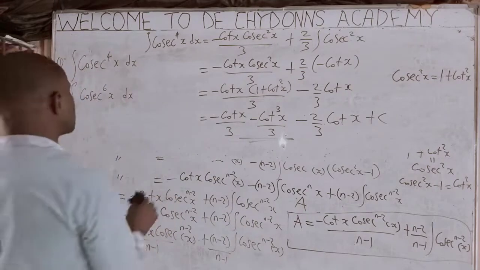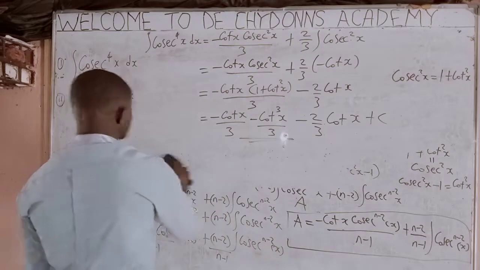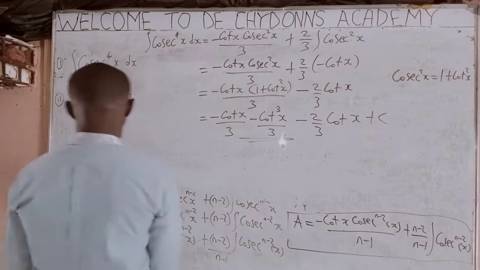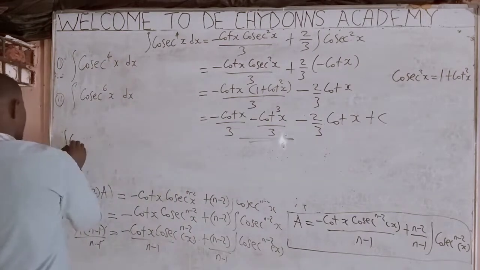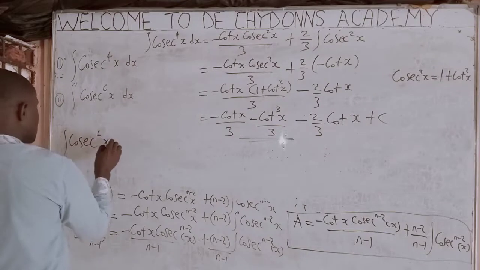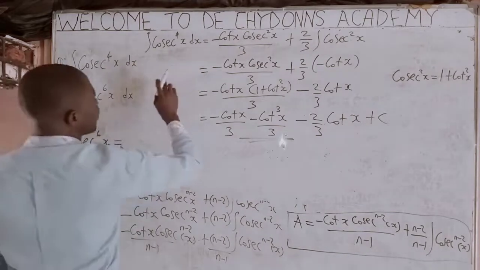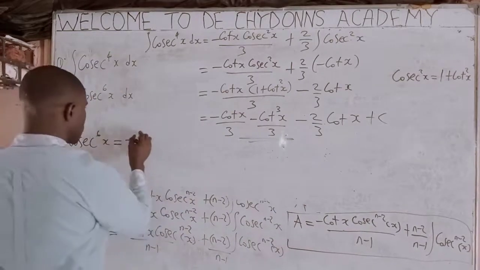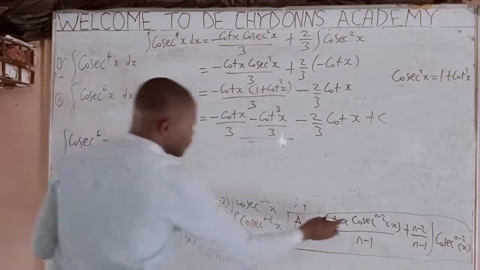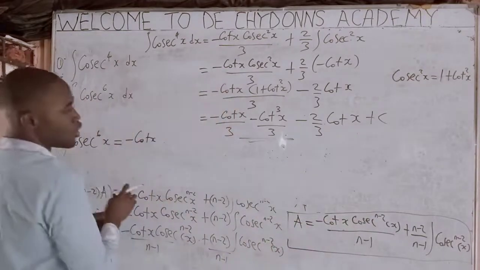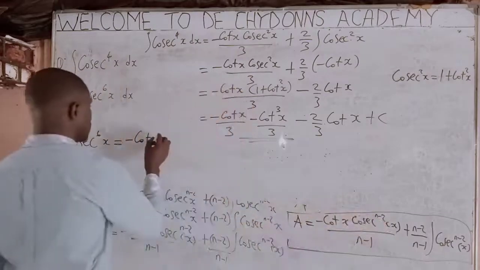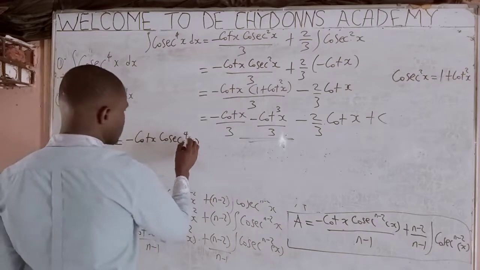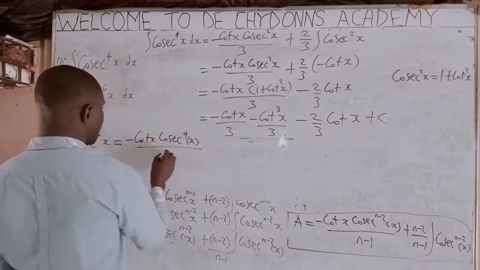Then you go to the last question, integrate cosec raised to power of 6 x. So integration of cosec raised to power 6 x simply means we go to our formula, our shortcut: minus cot x cosec raised to power 6 minus 2, that is 4, x all over 6 minus 1, 5.